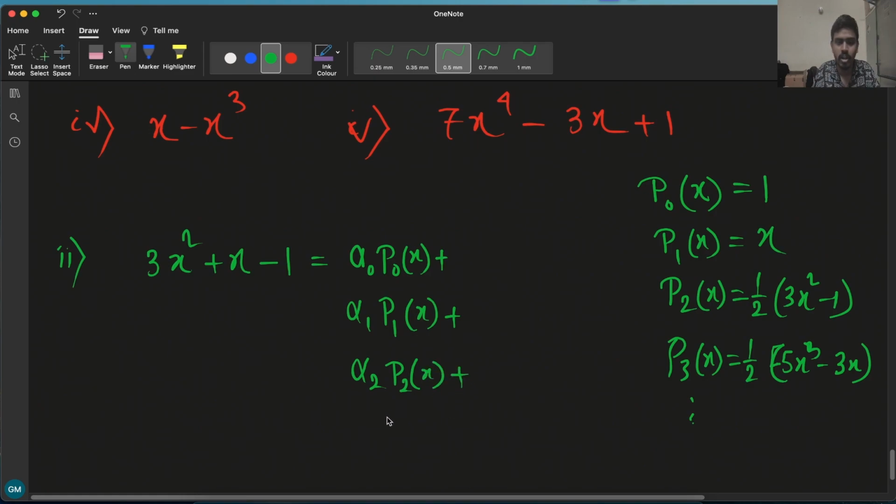Not anymore: P3(x) has a maximum power of 3, which is greater than 2, so P3 and P4 will not come. So just check the maximum power of the given polynomial, and choose the Legendre polynomial whose maximum power is the same as the given function.